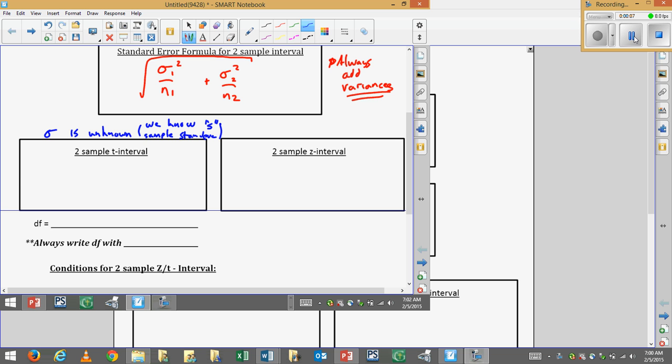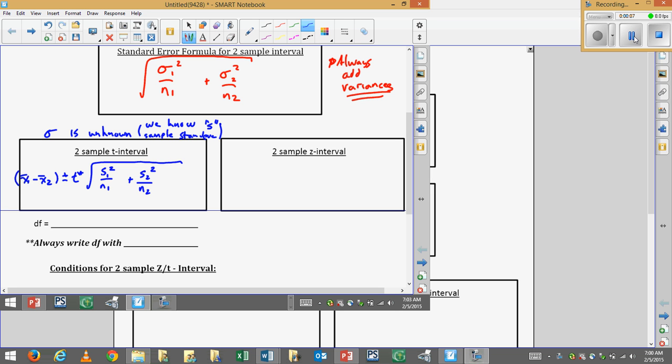So a two sample t interval means we're going to do x bar 1 minus x bar 2. There's your statistic, plus or minus, since this is a t interval, t star, and then here sigma is unknown, but what we do know is s, the sample standard deviation. So we do s1 squared over n1, s2 squared over n2.